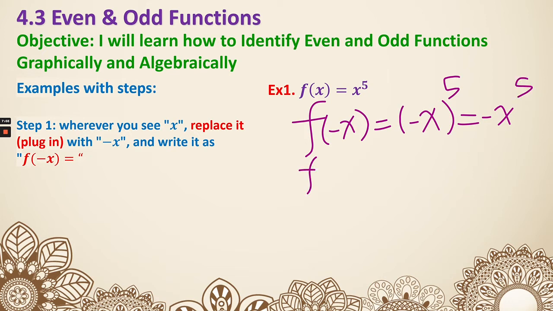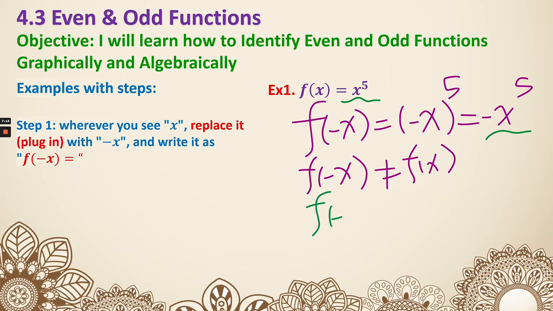So clearly, f of negative x is not the same as f of x. When we say the same, they will appear to be exactly the same thing. But this one has a negative sign, and you can see negative x to the 5th power is actually the direct opposite of x to the 5th power, so it's going to be negative f of x, which means it's going to be an odd function. And for these functions, you can also graph them on your calculator to have a look and decide if it's symmetric to the y-axis or symmetric to the origin. That would also work.